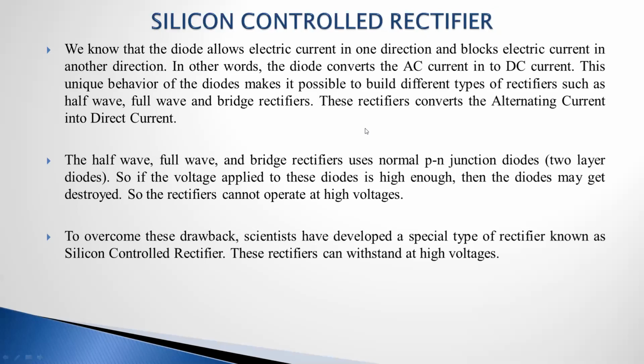It is clear? And one more drawback is there in the diodes: it cannot control the power at the output side of the rectifier. So whatever rectifier we build using diodes can convert from AC into DC, and all the devices in the rectifier will operate at low voltage levels only.